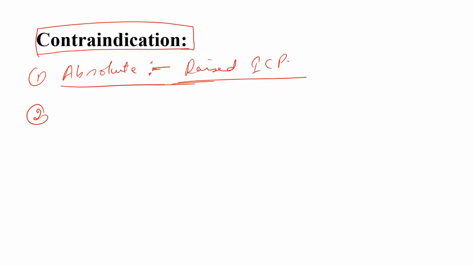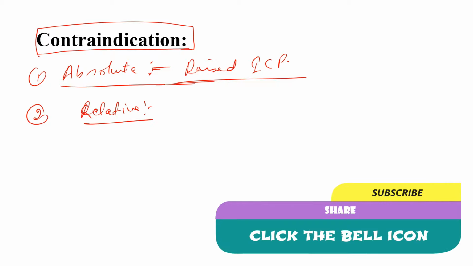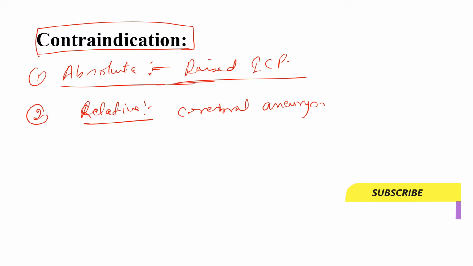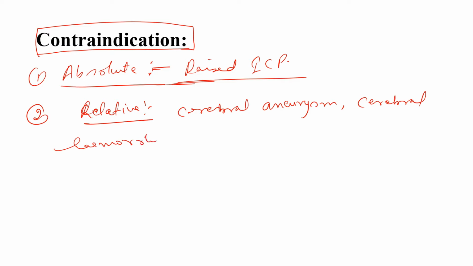And the second one is relative contraindication, in case of cerebral aneurysm, cerebral hemorrhage, brain tumor, etc.